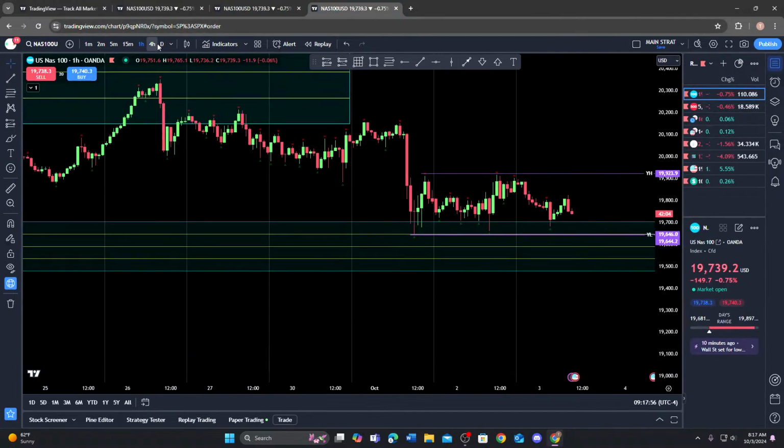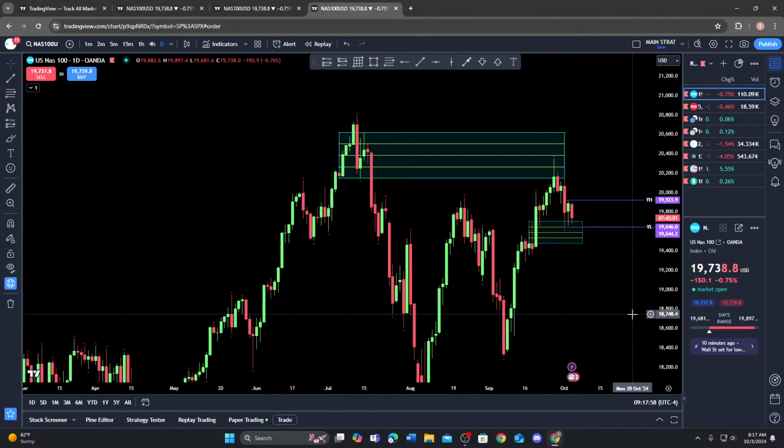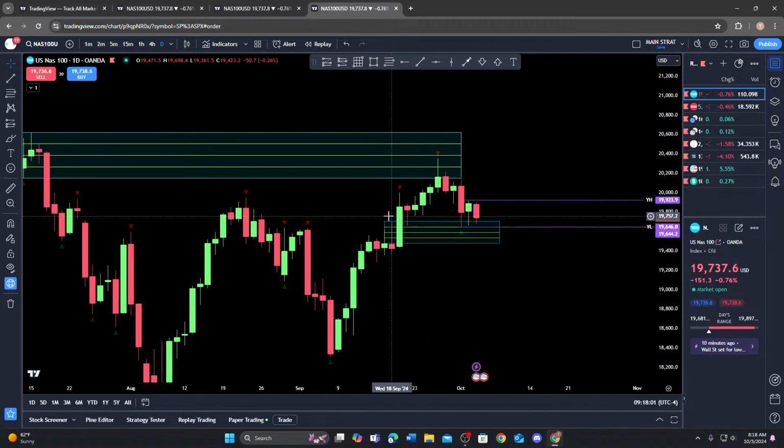So yesterday, we have this order block here, the wick of it. Price went down into it 3 times, 1, 2, 3, and had huge rejection off of it. And it'd have to be after taking liquidity. So those would be pretty good trades.